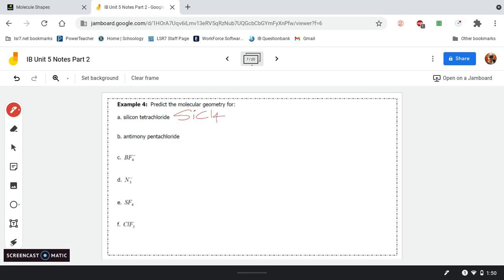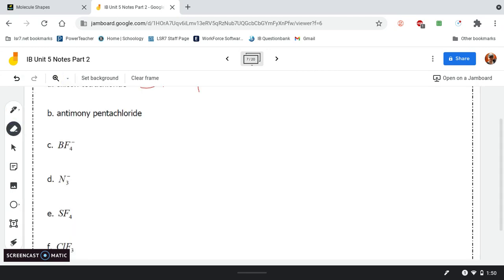So we're going to put that silicon in the middle, and then we're going to have 4 chlorines attached. I think I'm going to draw my chlorines first. That might help.